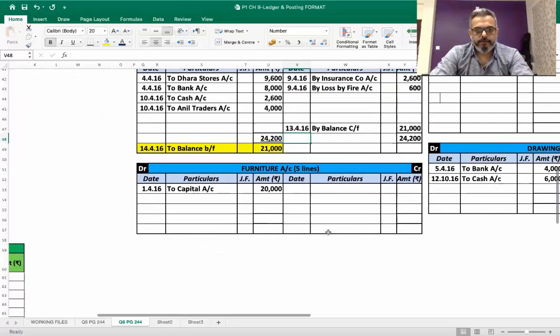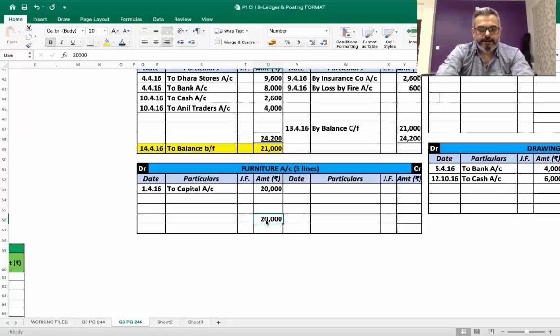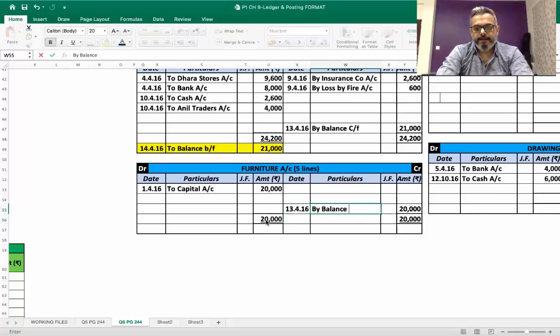Furniture account. Only debit side 20,000. So we write 20,000. 20,000 is the balance. By balance carried forward.